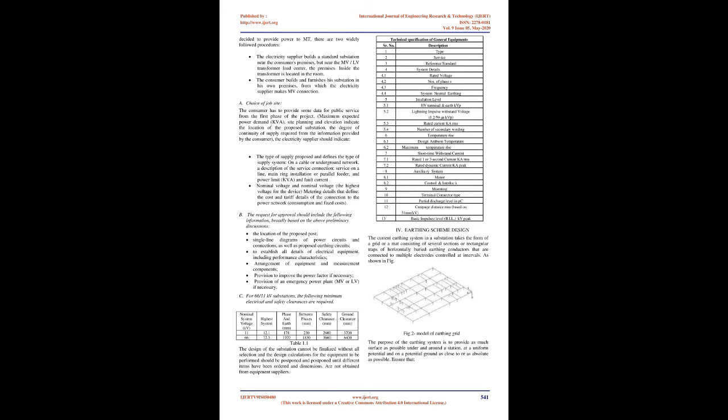From the information provided by the consumer, the electricity supplier should indicate the type of supply proposed and define the type of supply system, overhead or underground network, a description of the service connection, service on a line, main ring installation or parallel feeder, and power limit, kVA, and fault current. Nominal voltage and the highest voltage for the device, and metering details that define the cost and tariff details of the connection to the power network, consumption and fixed costs.